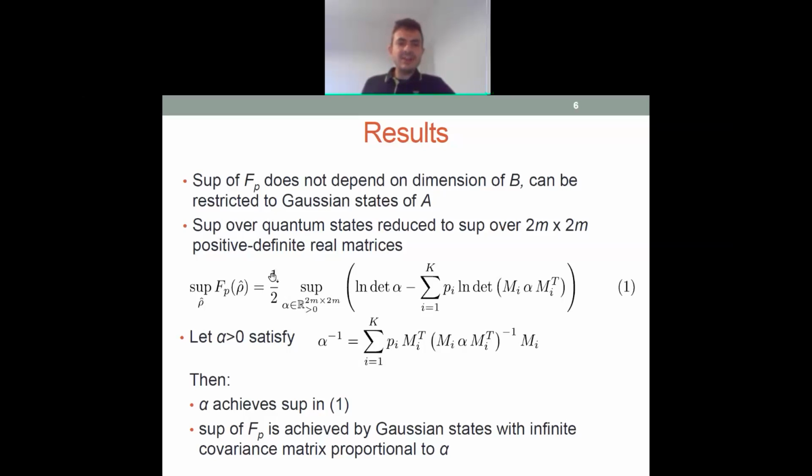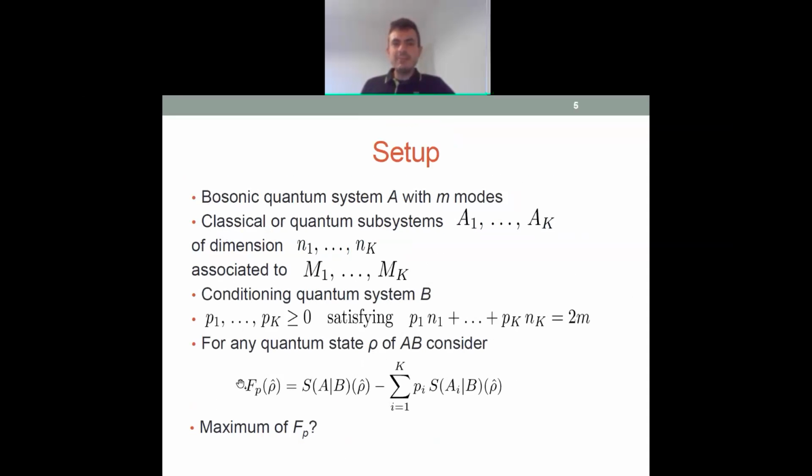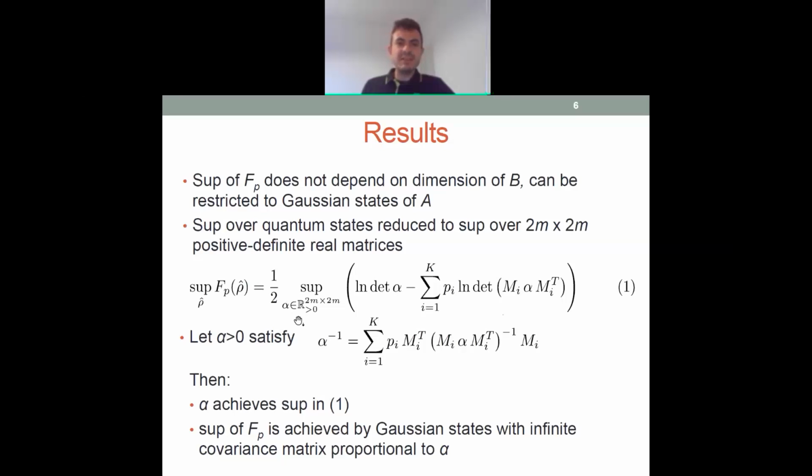Moreover, we can express the maximization of this function as a very simple maximization over positive definite real matrices. So here is the main result that we have: the supremum over the quantum states of the function that I showed you before can be expressed as a supremum over positive definite 2m times 2m real matrices.